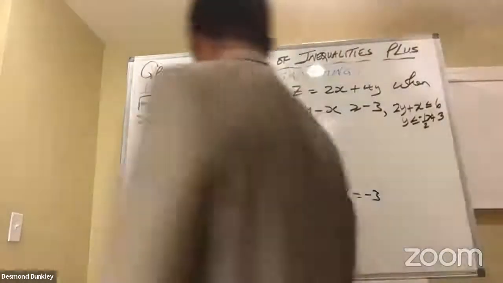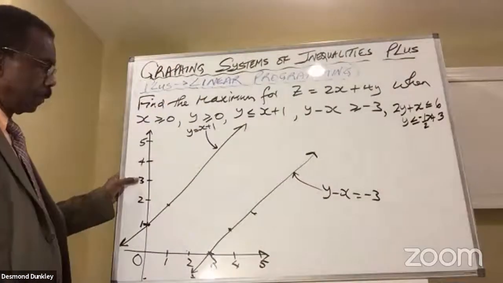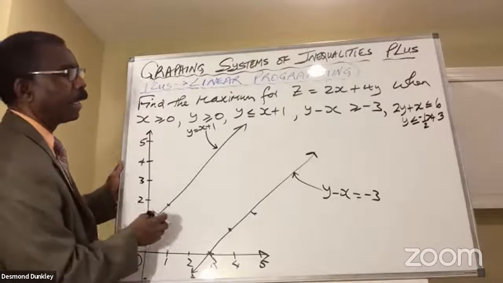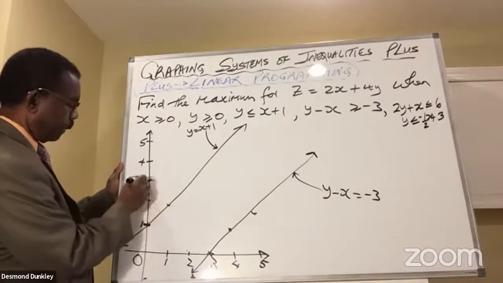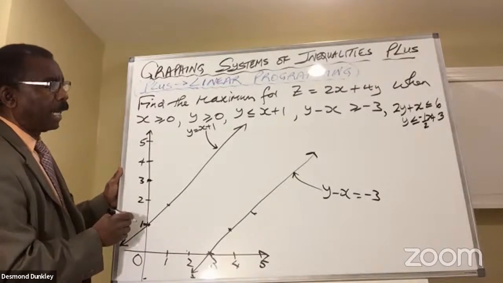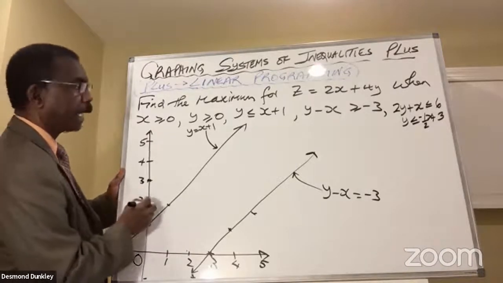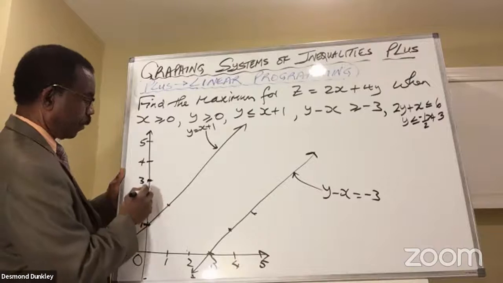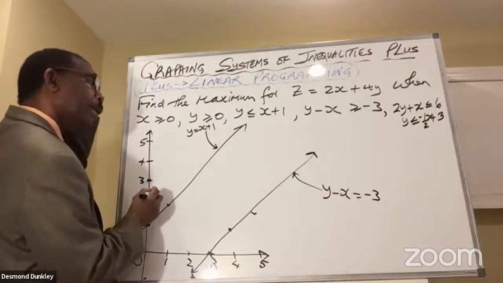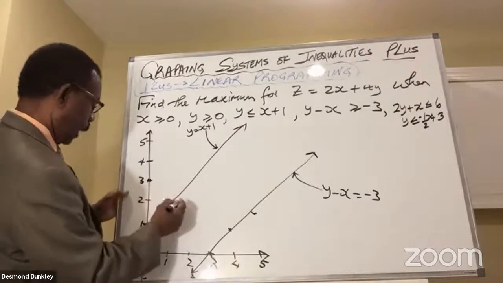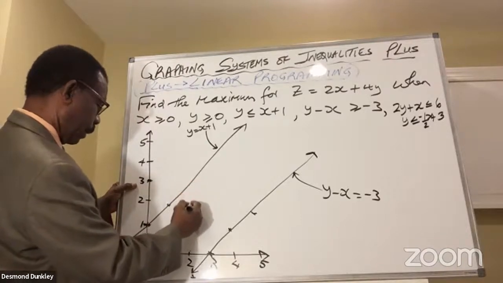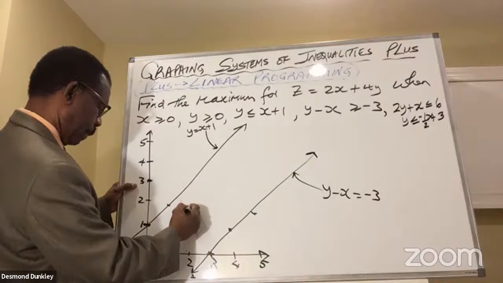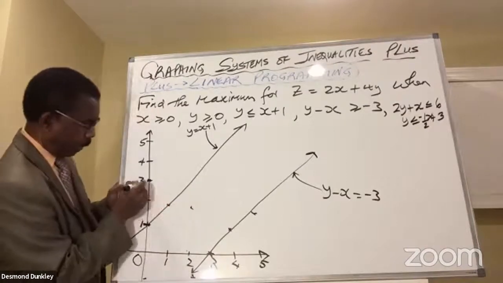So we end up with y-intercept is 3, and slope is -1/2. So you go across 2 and down 1. Go across 2, you're down 1. Okay, here we go.